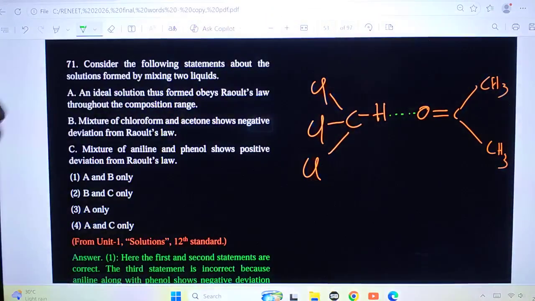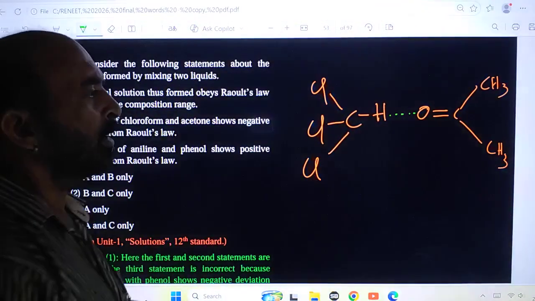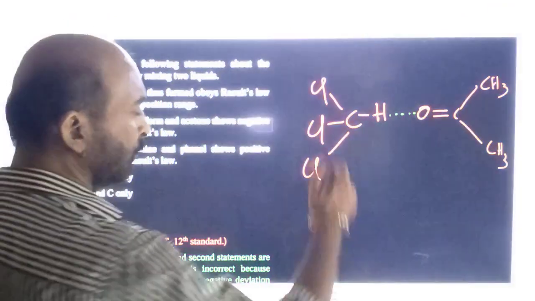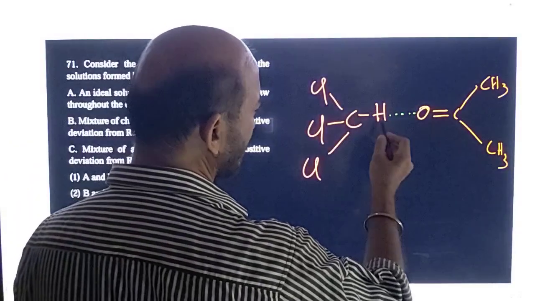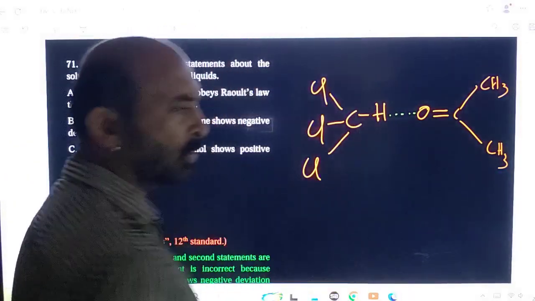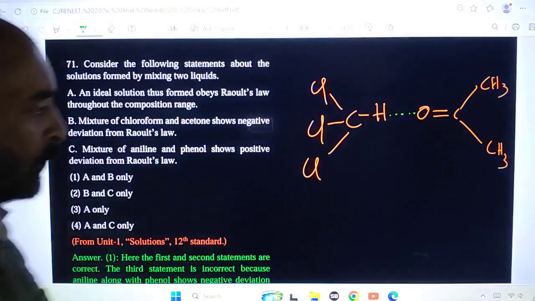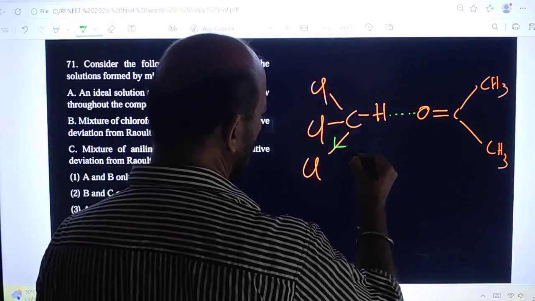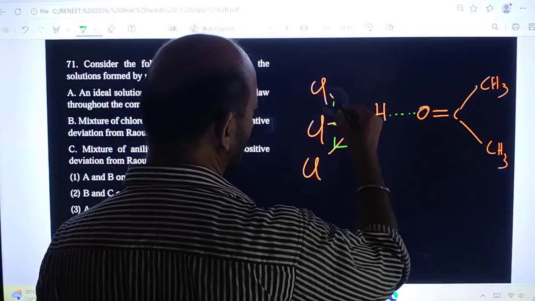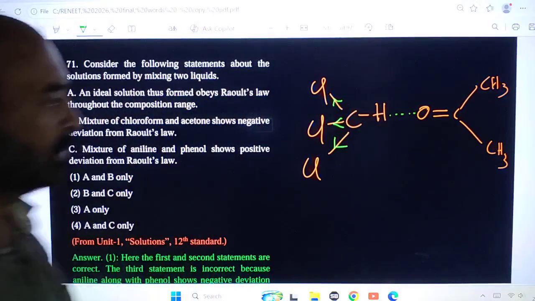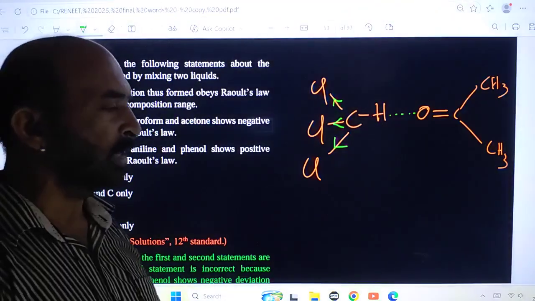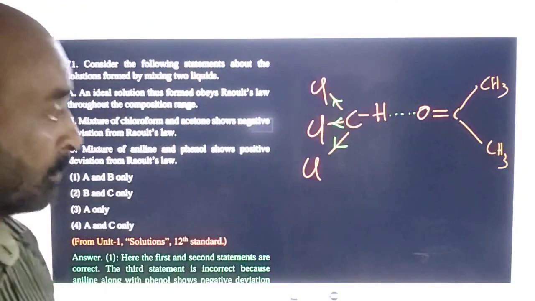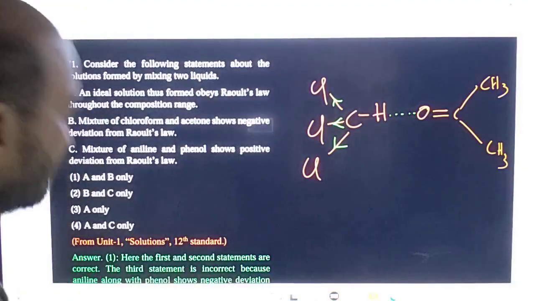So due to enhanced intermolecular attraction, it shows negative deviation. But you may have a doubt: this hydrogen is attached to carbon only, not to nitrogen, oxygen or fluorine. Then how can it form a hydrogen bond? The reason is simple: due to the strong electron withdrawing nature of these three chlorines, the hydrogen on carbon, as a special case, acquires the ability to form a hydrogen bond. That's why it is forming a hydrogen bond. And so that statement is correct.